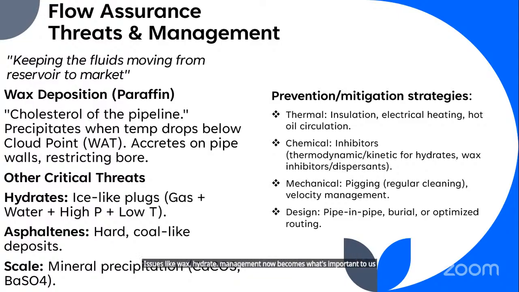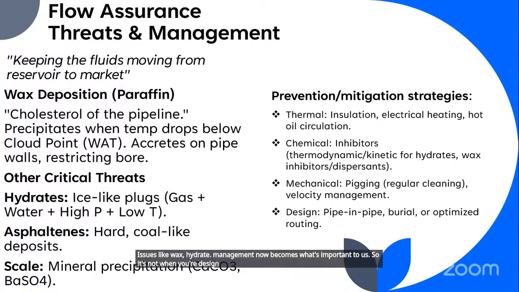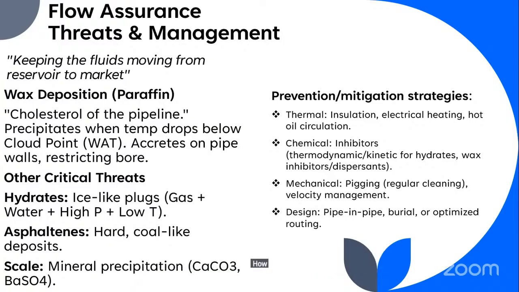So when you're designing and you say you want to optimize production, you must take into cognizance that these things would prevent fluids from moving from the reservoir to the market. So how do you mitigate these problems? How do you mitigate them?